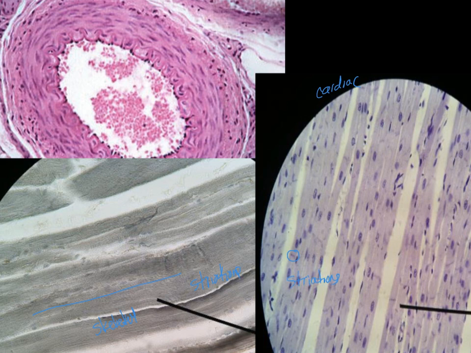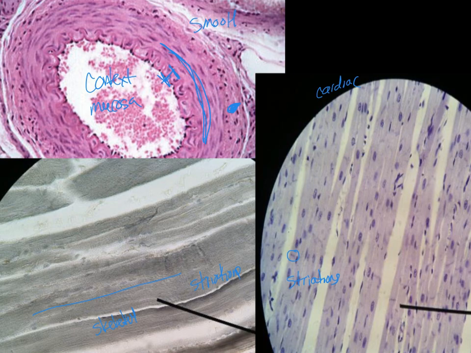Okay, now up here is my smooth, and I'm going to use context, the fact that this is a mucosa lining a blood vessel, okay, right here. So this is my mucosa. And so here is the smooth muscle, and here is the smooth muscle as well, but it's going in different directions, okay? So you need to find a few tricks that help you distinguish these different types of muscle, okay?